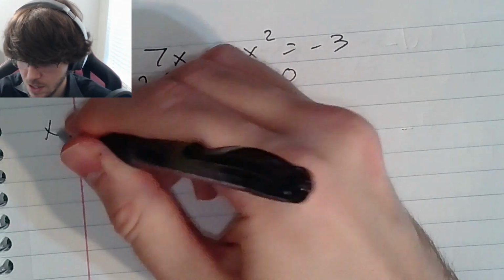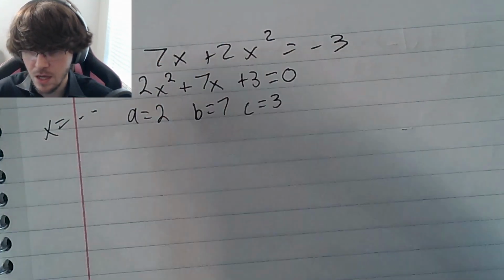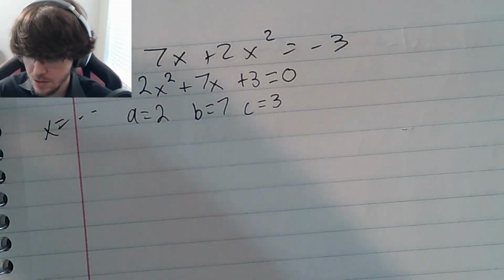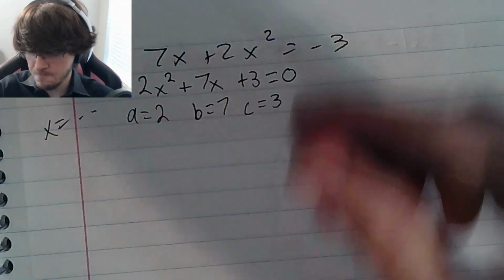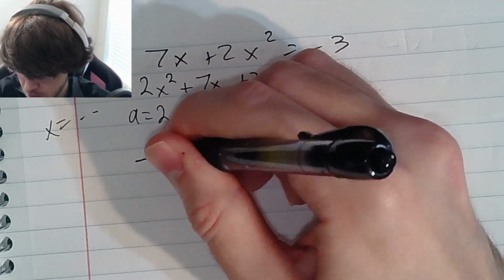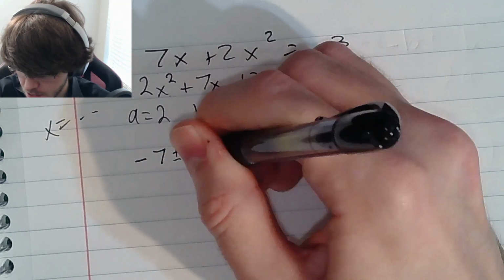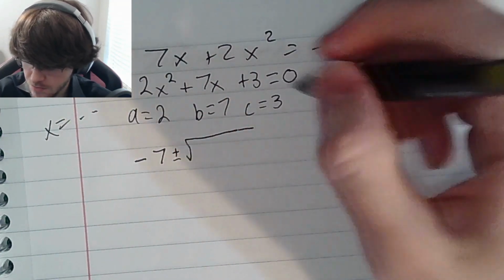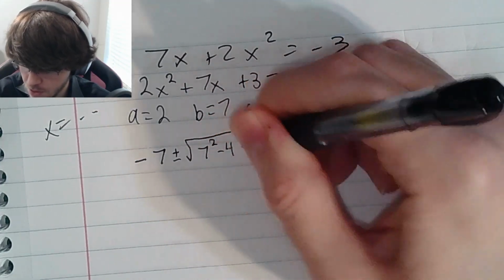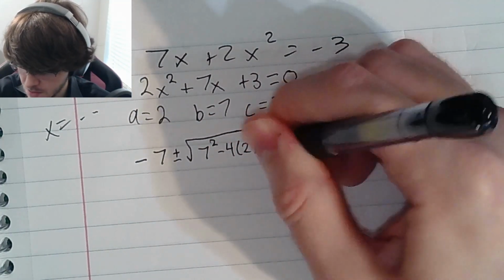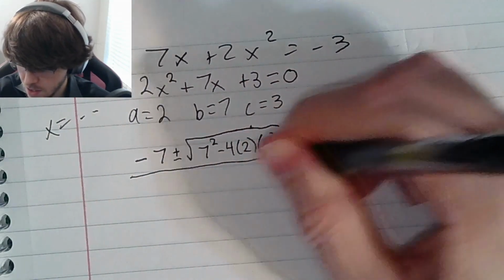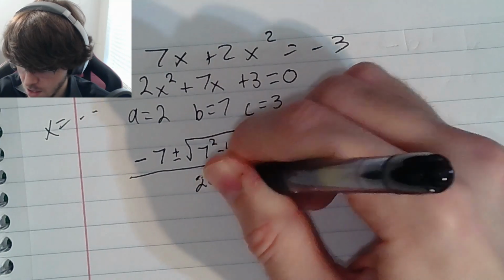I'm just going to write x equals for everything, because I know that's what I have to do at the end. If you're comfortable doing that, do it. Otherwise, write x equals in front of every step. And we have negative b plus or minus the square root of b squared minus 4 times a times c, all divided by 2 times a.